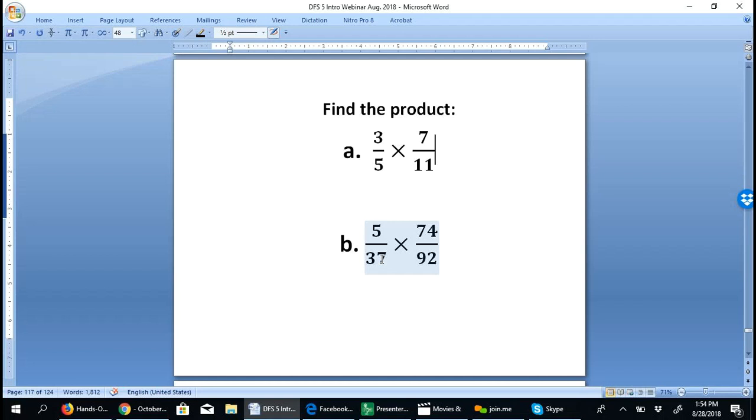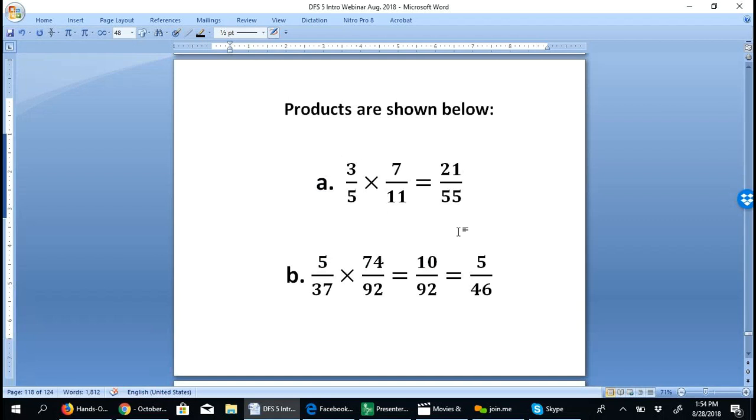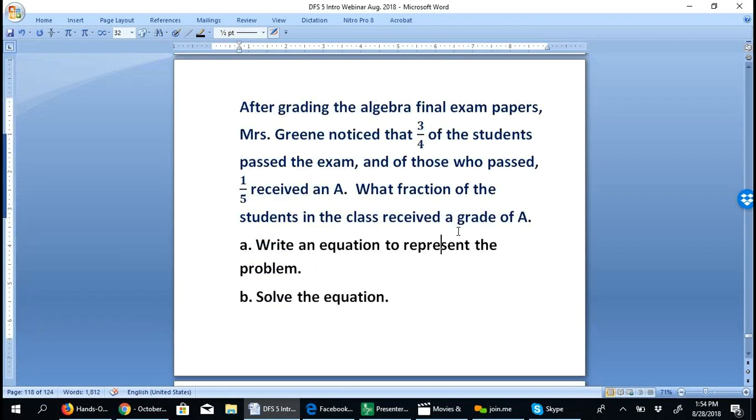Okay, so it seems like you're using an approach we learned in high school. I'm not sure we're using this same exact approach. The way we're presenting it here is you can take 1/37 of 74/92, which is 2/92, and you multiply by 5 and you get 10/92, which is 5/46.